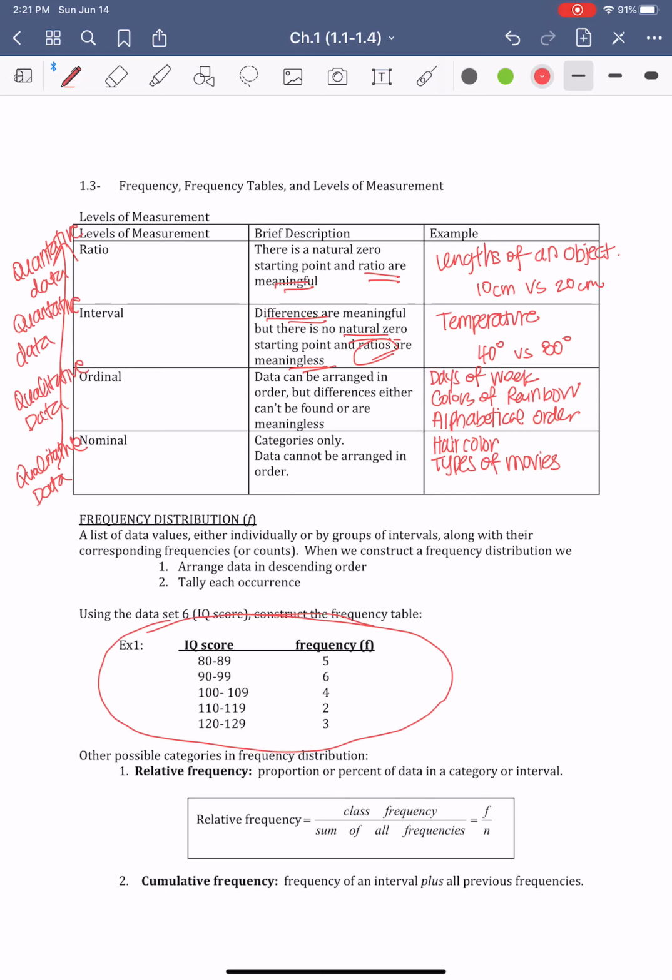But I just know that there are 5 data values of IQ score between 80 and 89. For 90 to 99, we have a count of 6. IQ scores between 100 and 109, 4 data values. There are 2 of 110 to 119, and 3 of 120 to 129. We call these classes.